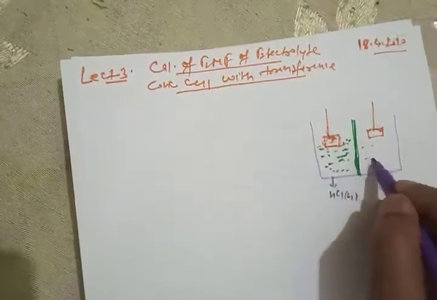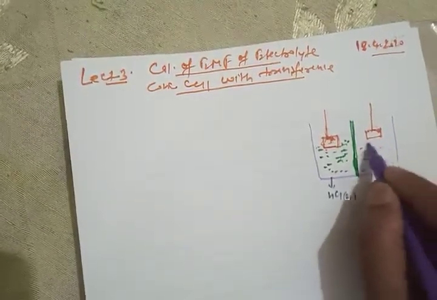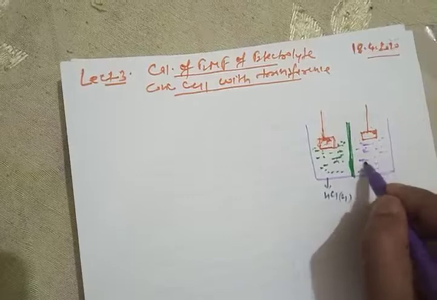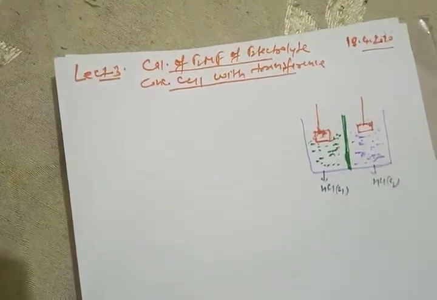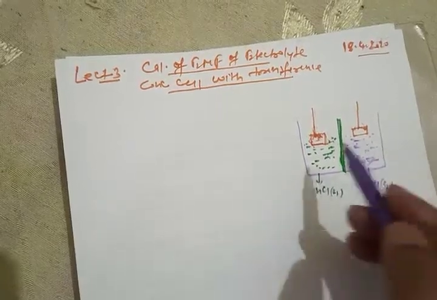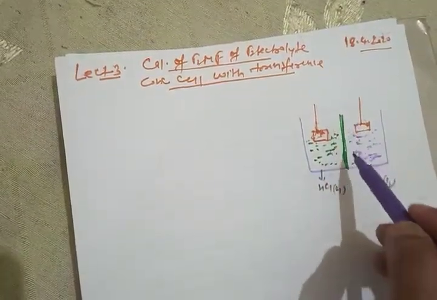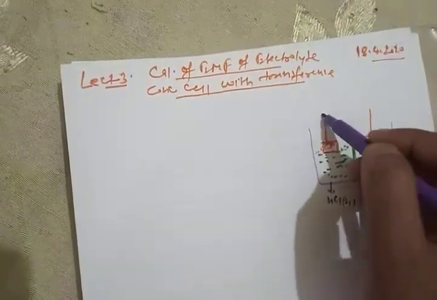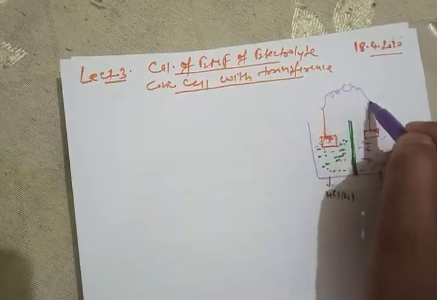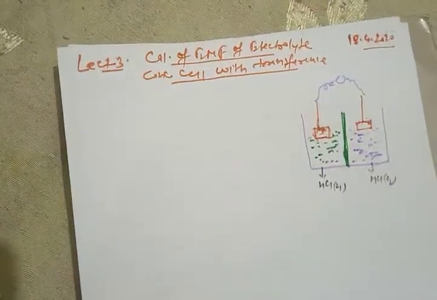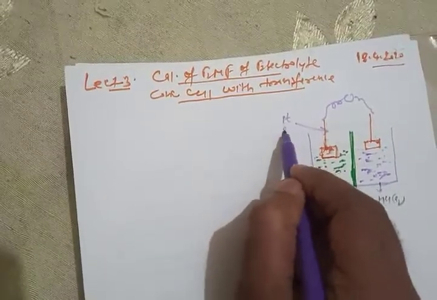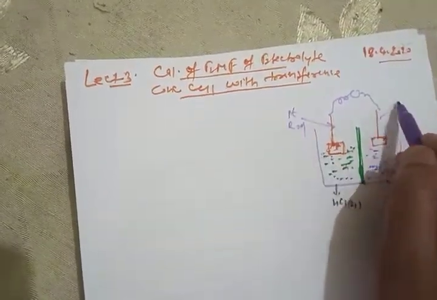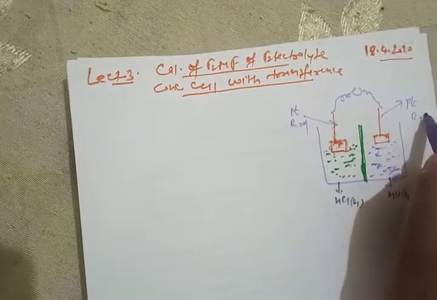Both the electrolytes are the same, but the concentration levels are different. And because of this semi permeable membrane, they can also reach from one place to another place. How it happens, we will discuss.